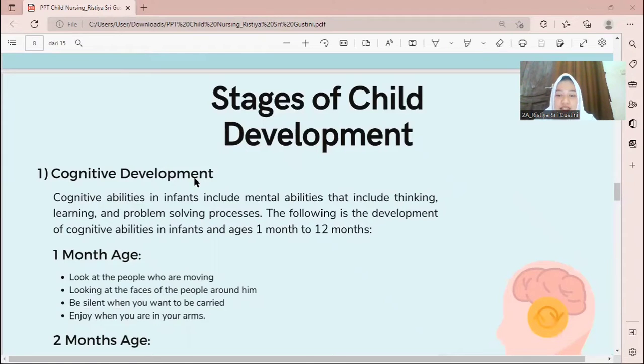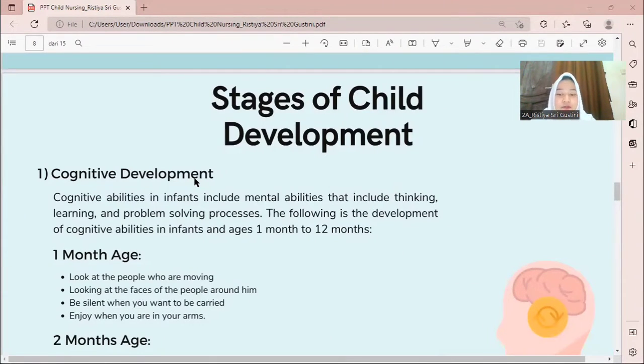Okay, next part is the first stage of child development, cognitive development. What is cognitive development?